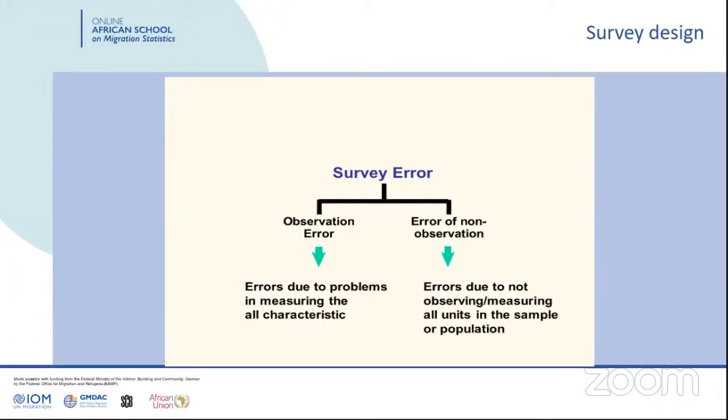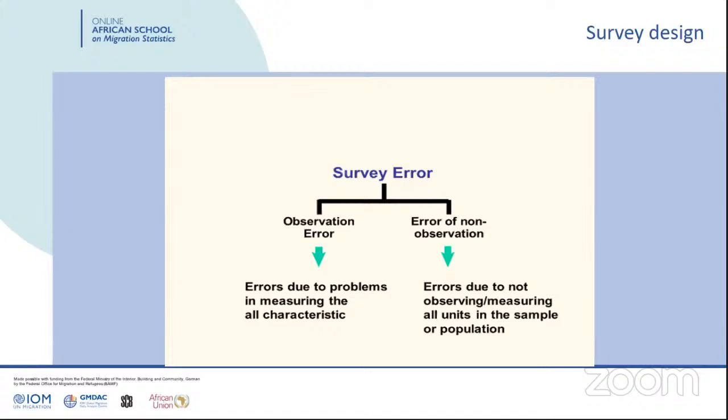We could divide the survey errors in another way: observation error and error of non-observation. So the observation errors is basically what we said, measurement error or response errors. We get a response, we get a measurement, but it is wrong for some reason.